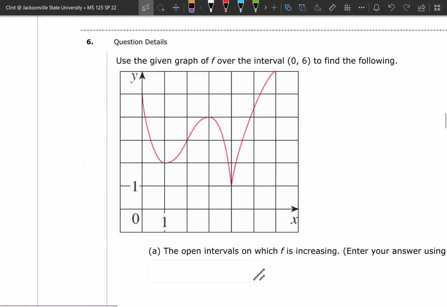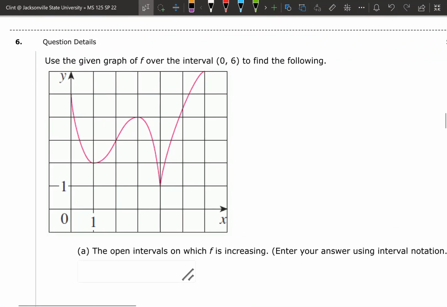Yeah. 6. First, we want to know intervals where this thing is increasing, looking on the graph. Increasing means we're going up from left to right. So it looks like we're increasing from 1 to 3.